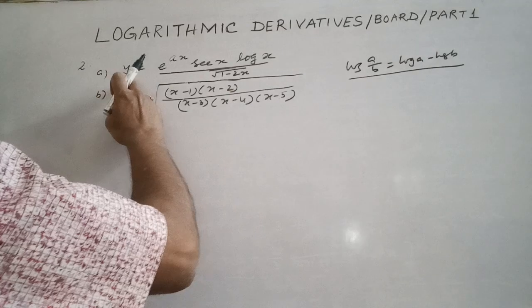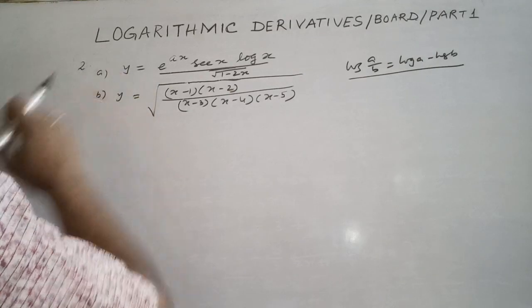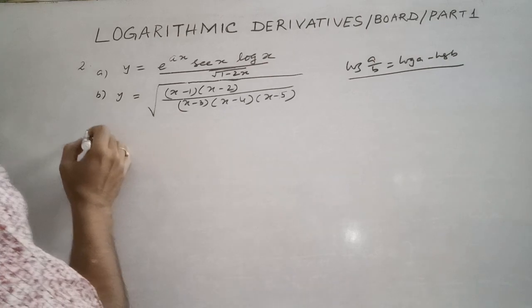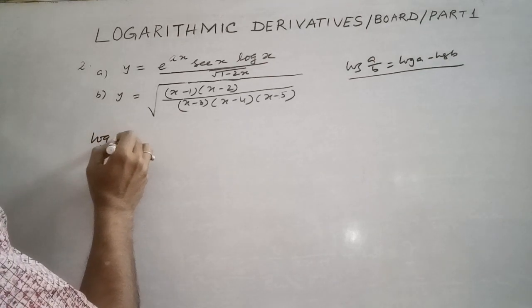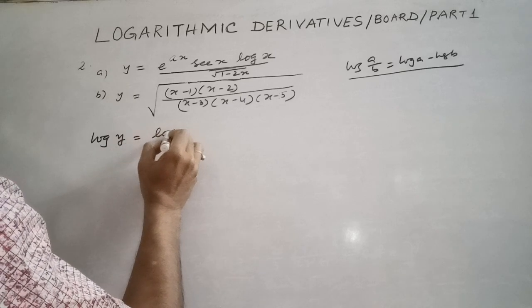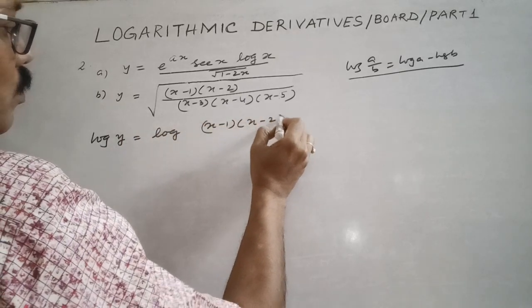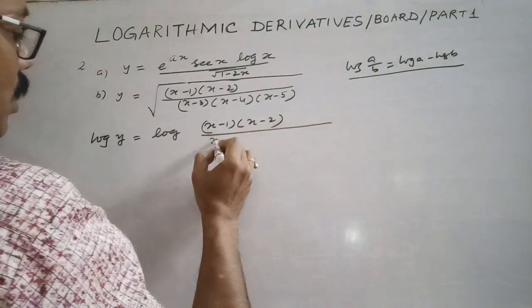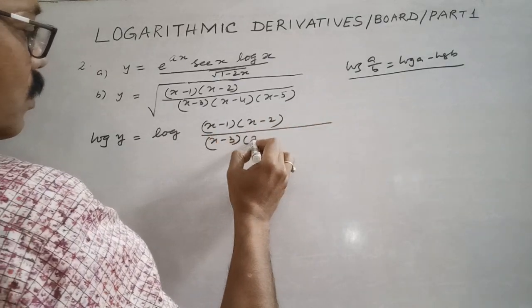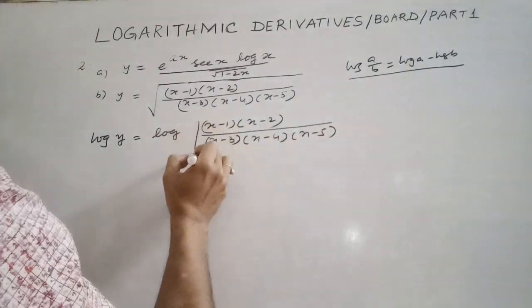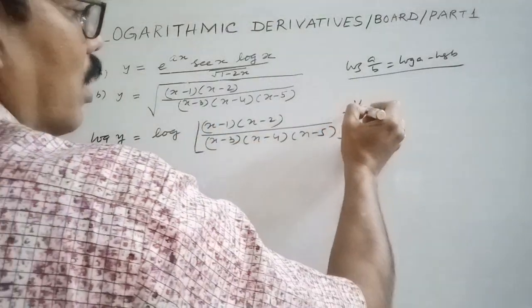So suppose problem number B, y equals this. So take log on both sides. So log y equals log of (x minus 1)(x minus 2) over (x minus 3)(x minus 4)(x minus 5), and the total power is half, root, so half.